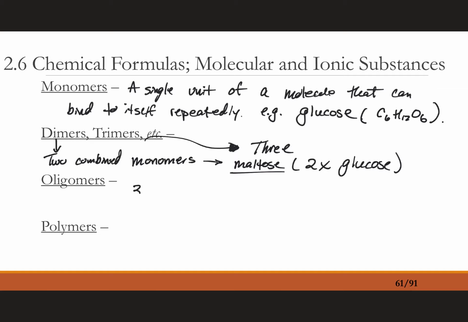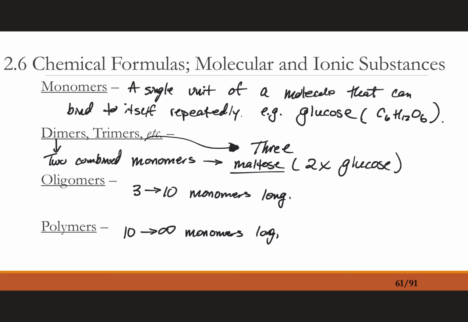Oligomers will usually be 3 to 10 monomers long. They're not necessarily as common in nature, but they do exist. And then polymers, typically we can say 10 to infinity, in reality, monomeric units long.